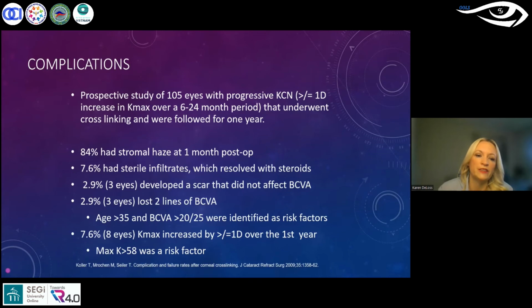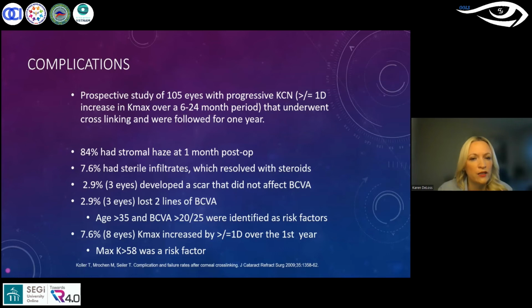So complications, I think this is really the most major study that came out, looking at 105 eyes where they evaluated patients who went through corneal cross-linking. Most of them had a 1 diopter increase over 6 to 24 months. 84% had stromal haze at 1 month post-op.